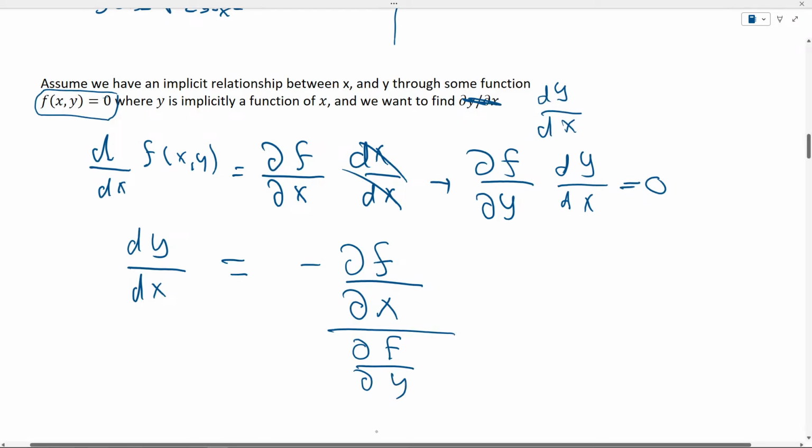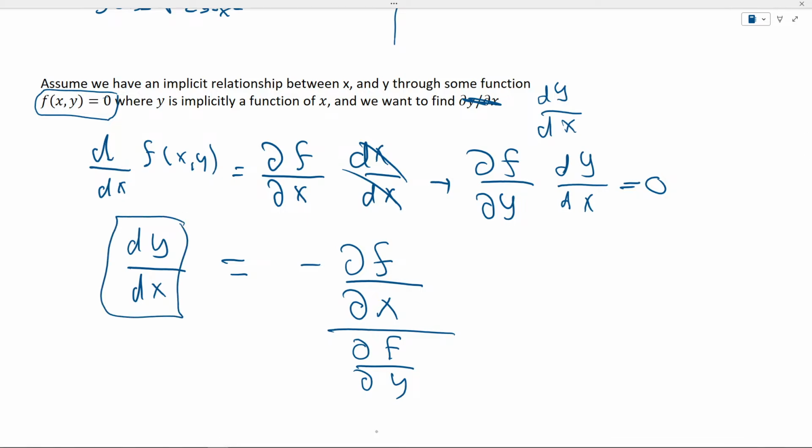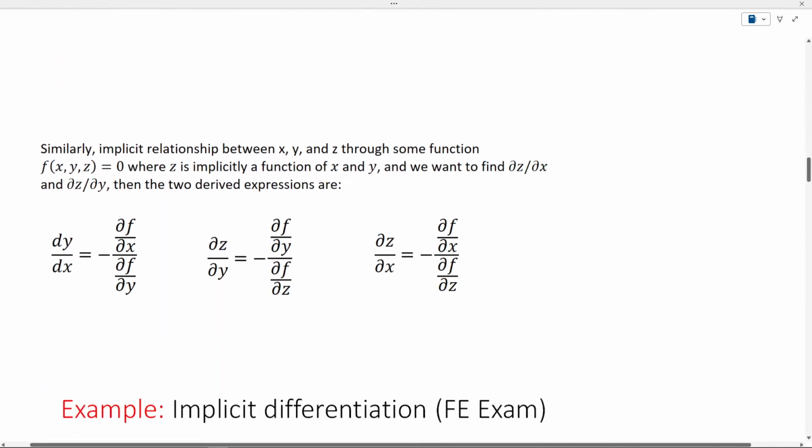Wow, isn't this cool? So here I was able to express my total derivative as negative the partial derivative of f with respect to x over the partial derivative of f with respect to y. And basically I can use this to solve problems.